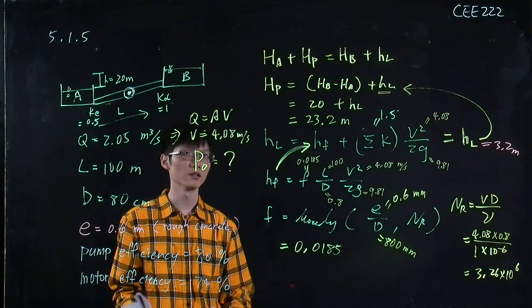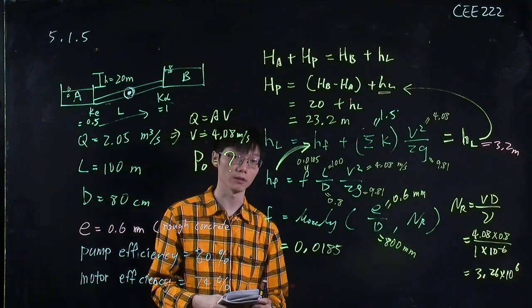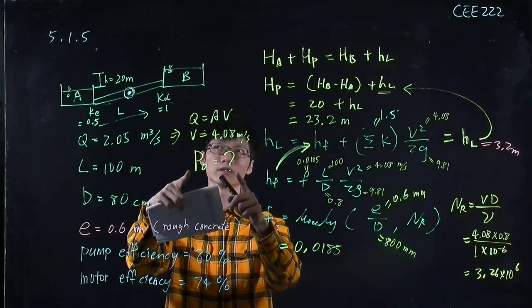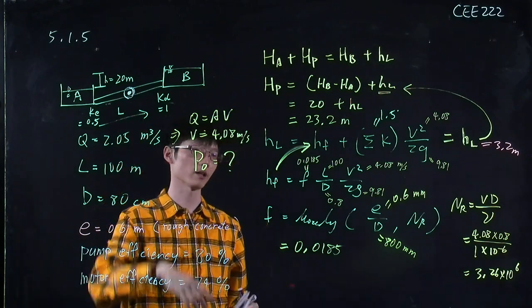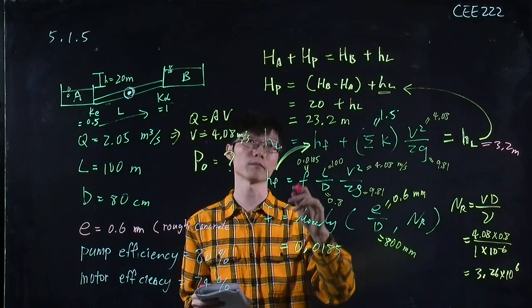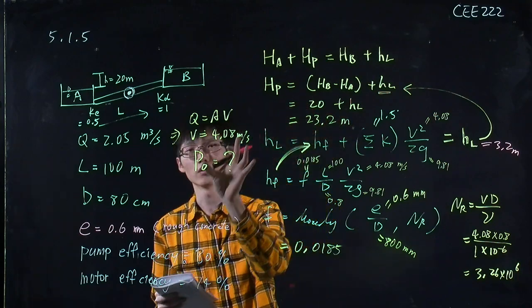Now we have the total energy that we need from the pump. But the question asks for the power required for this pump to work properly. So the first step is to translate this energy to the power.